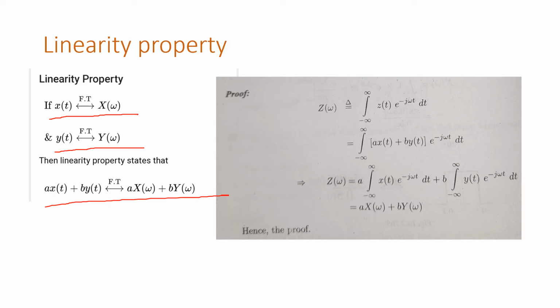In the proof of linearity property, z of t is considered as the sum of the two signals x of t and y of t.